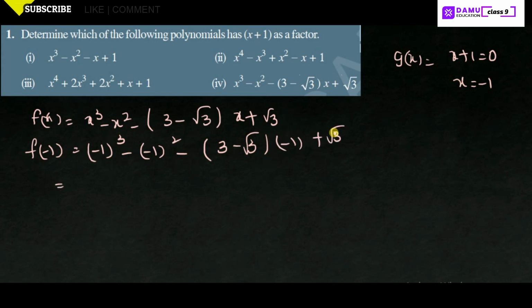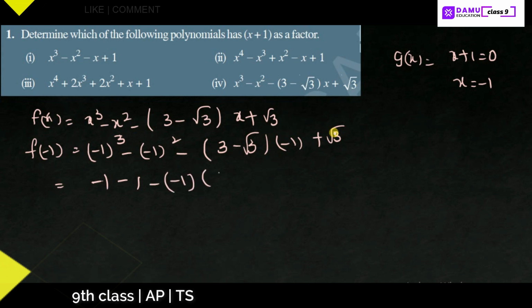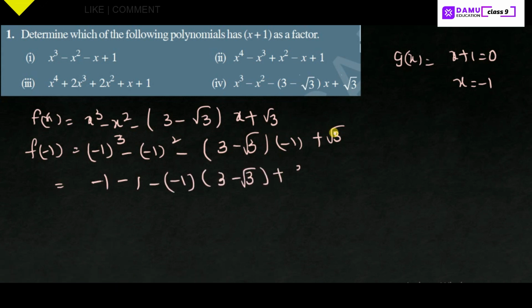Then minus 1 whole cube, it is an odd power, so it is minus 1. Minus of minus 1 whole square, we get 1. Then we have to multiply with this: minus into minus. So minus 1 minus into minus plus 1 into 3 minus root 3 plus root 3.